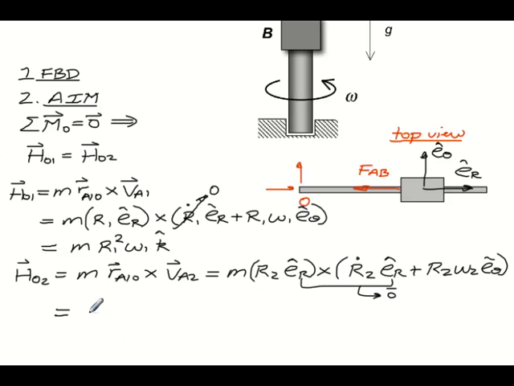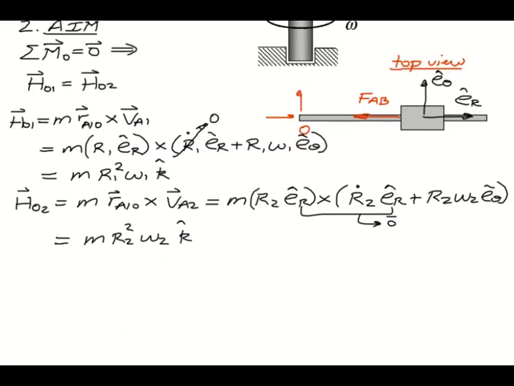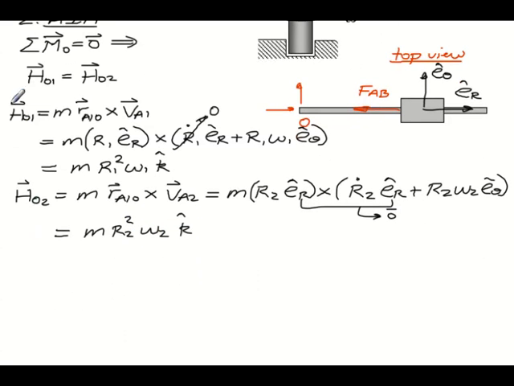So what's left here is M R2 squared omega 2, ER crossed E theta, is a K. So since angular momentum is conserved, set those expressions equal to each other. M R1 squared omega 1 is equal to M R2 squared omega 2.